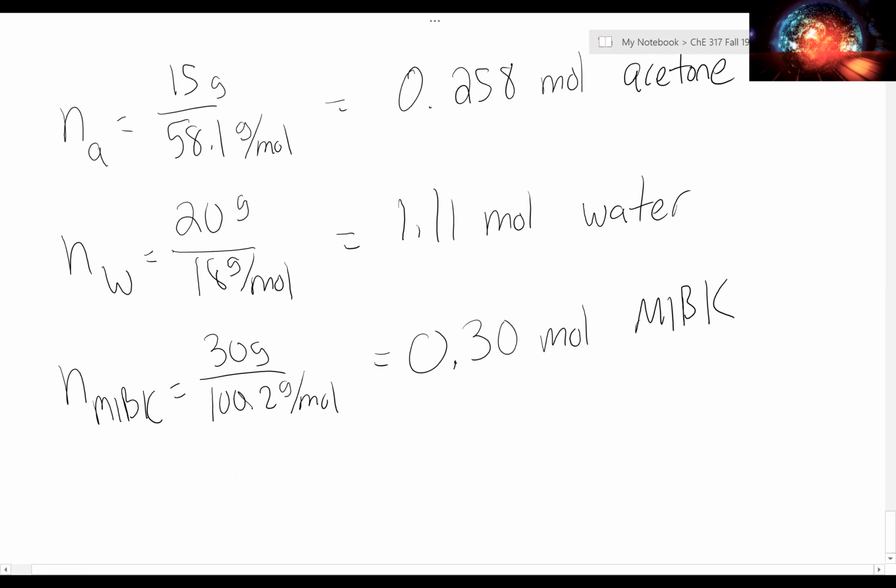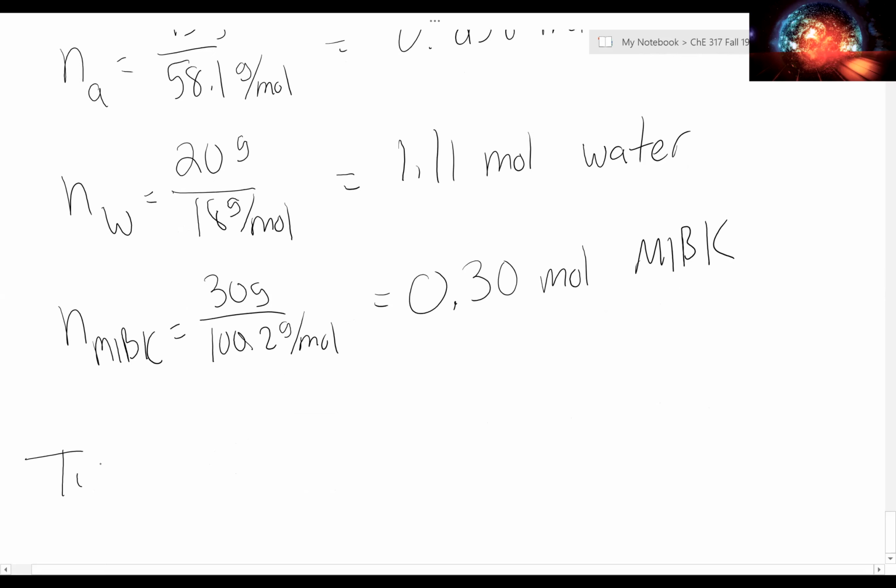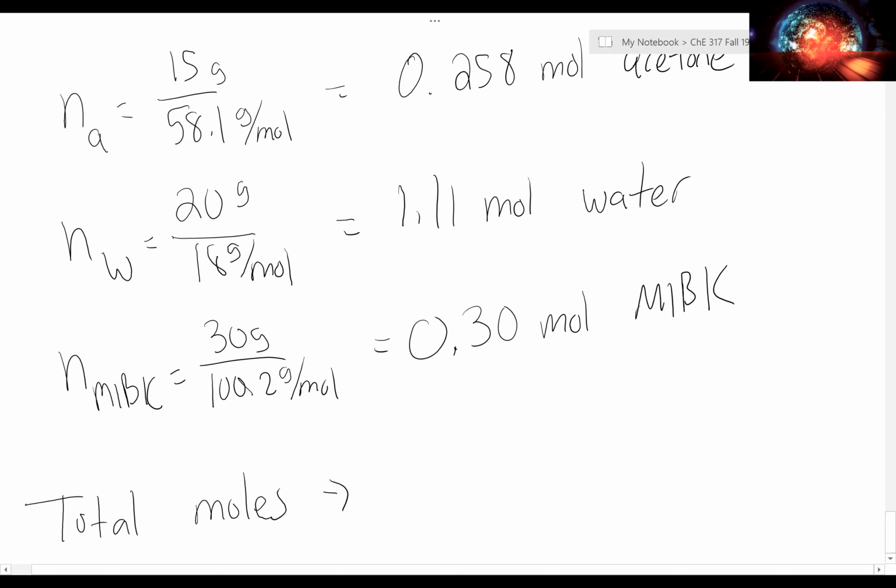So if I put all these substances together, I would have about 1.67 moles total.